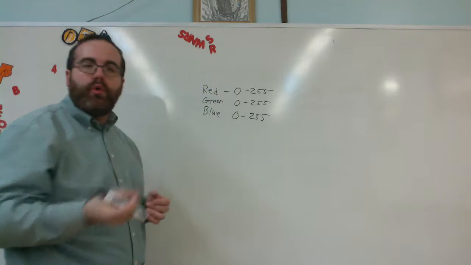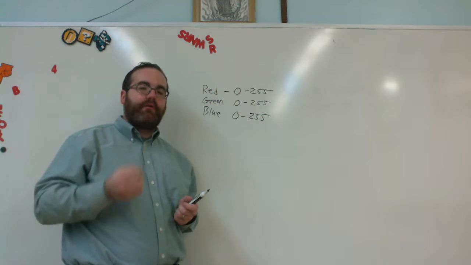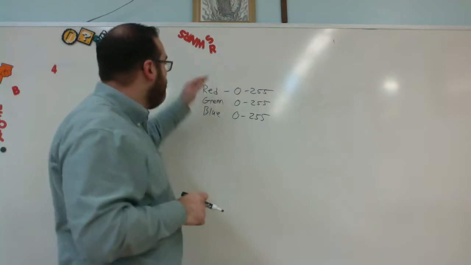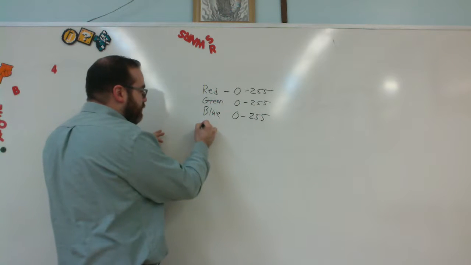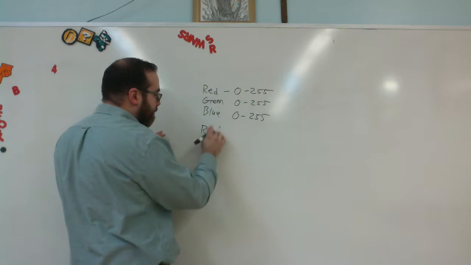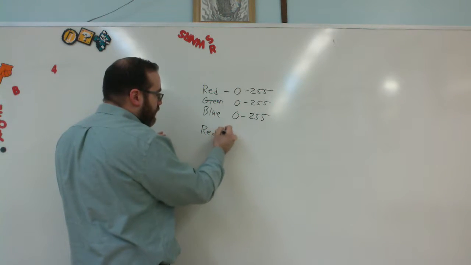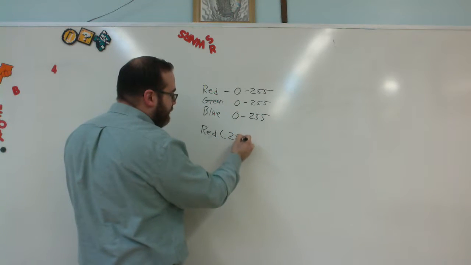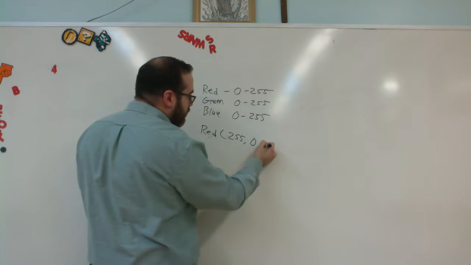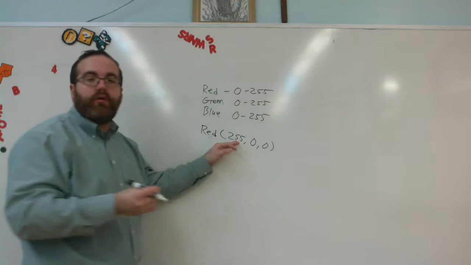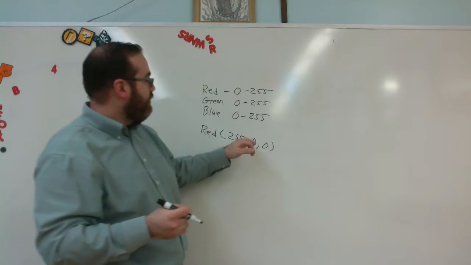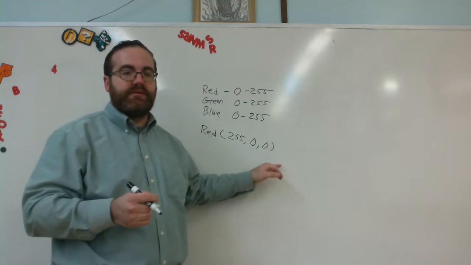And so the lower the number, the less of that color is present. So if we had a solid red, then it would have 255. The red would be turned all the way up at 255. The green would be 0 and the blue would be 0.